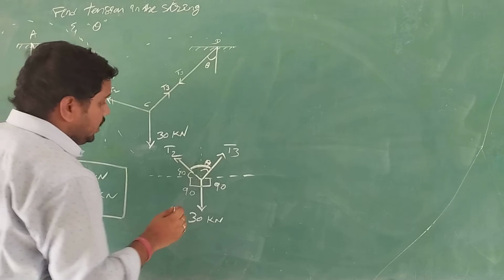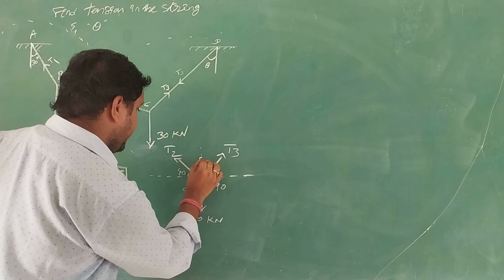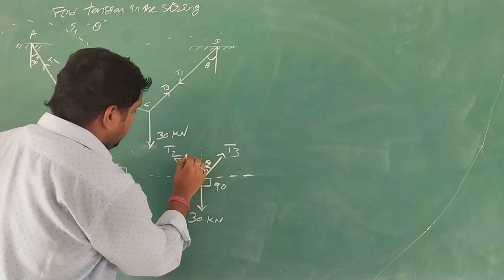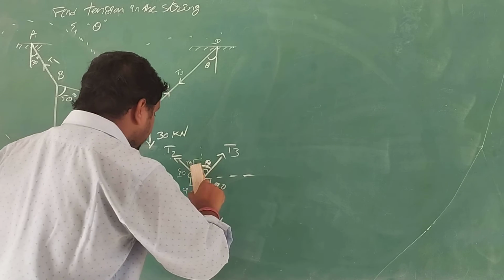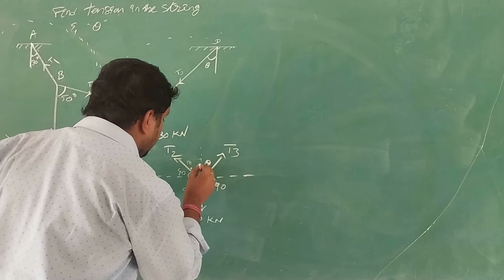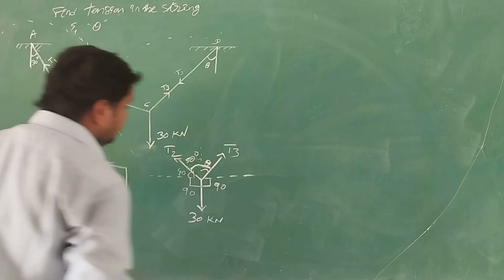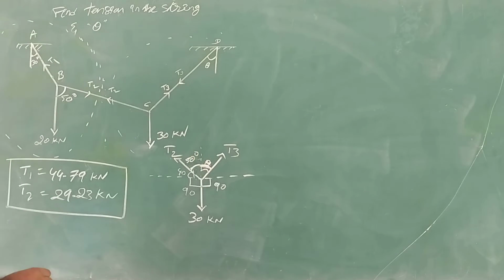This angle we may get as 50, but this angle is unknown. Since the angle is unknown, here we cannot apply Lami's theorem.